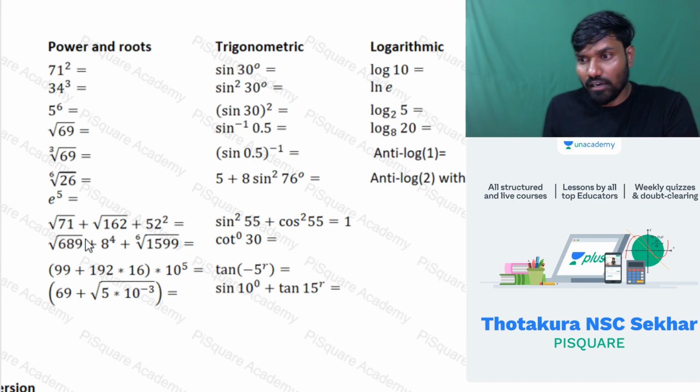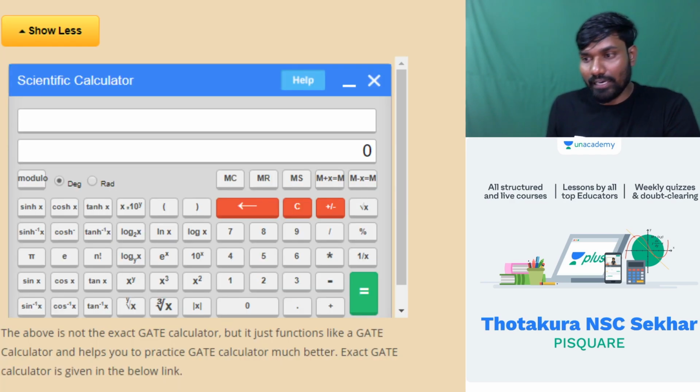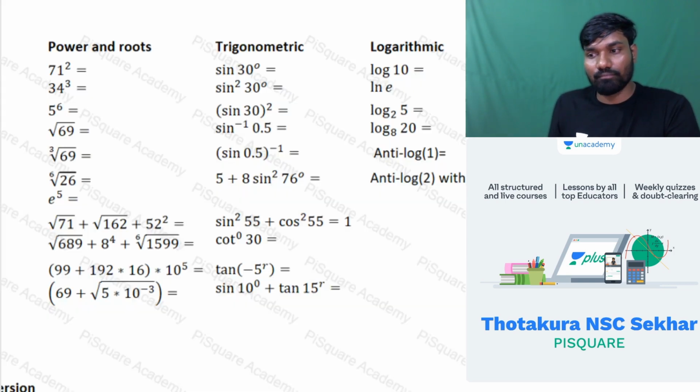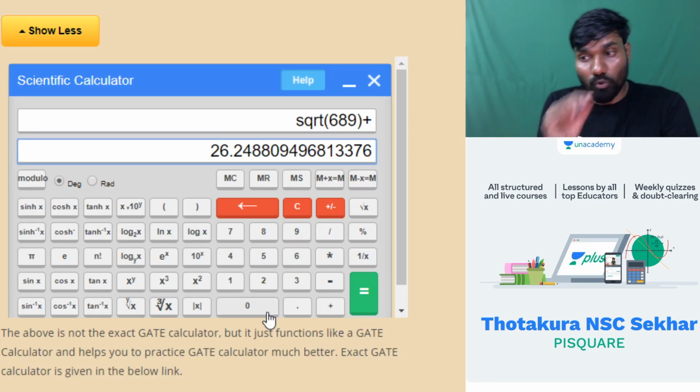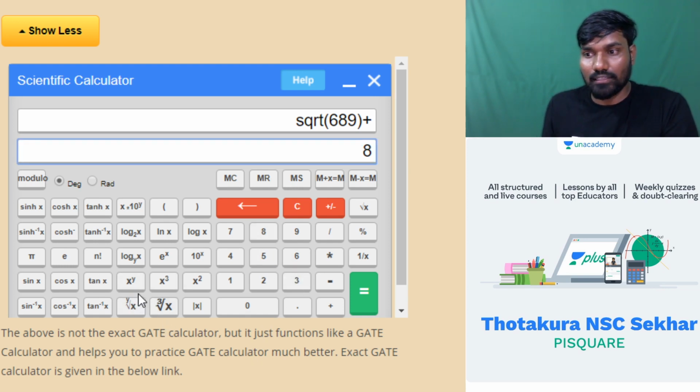Next one, square root of 689 plus 8 power 4 plus 6th root of 1599. Let's perform this. Root 689, because for the root x is there, so x first, root 689 is done. Then plus 8 power 4, x power y, x first, 8 first, then 4.